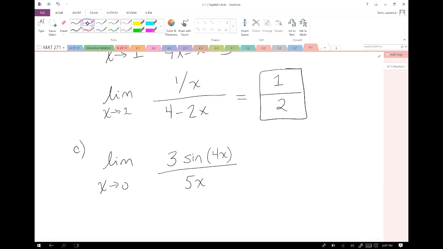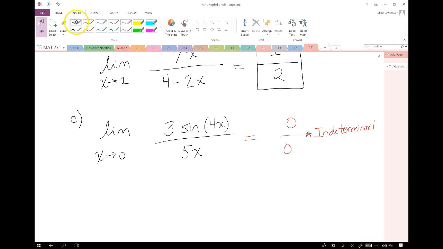If we plug 0 in, 4 times 0 is 0, so the sine of 0 is 0. 0 times 3 is 0. So we get 0 in the top, and in the bottom, 5 times 0 is 0, indeterminate. L'Hopital's rule says we can take the derivatives and try again.